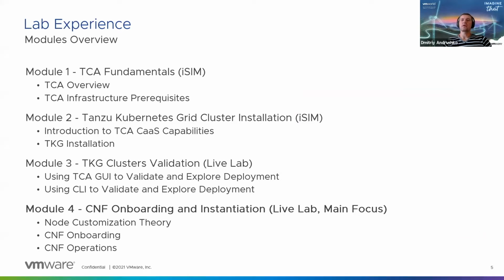In module 2, we go through the CaaS capabilities, where you will deploy a sample Kubernetes cluster and see how easily you can do it using TCA. Module 3 is cluster validation. Once you deploy a Kubernetes cluster, TCA provides a set of tools to validate the status of your cluster and perform a set of LCM operations on this cluster.